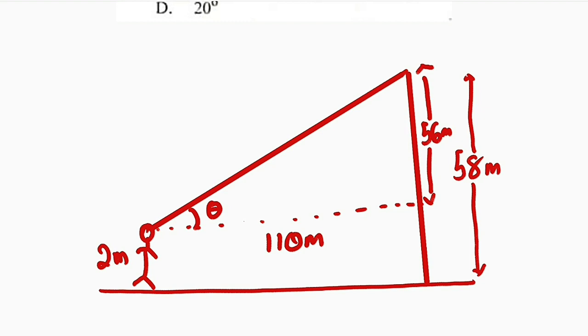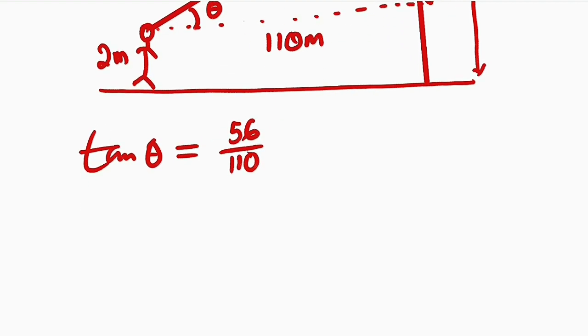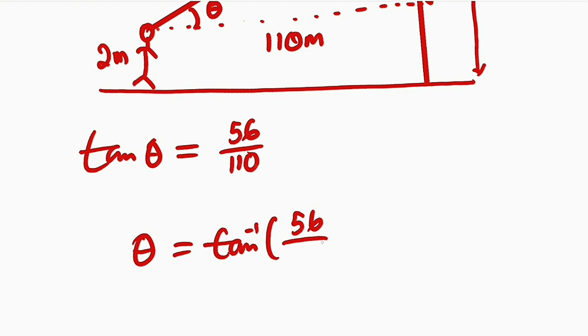So we have everything we need. To find theta, the relationship between the opposite and adjacent side is tangent. Therefore, tangent of theta is equal to opposite, which is 56, divided by adjacent, which is 110. Then to find theta, you take tan inverse of both sides. Tan inverse of 56 divided by 110.